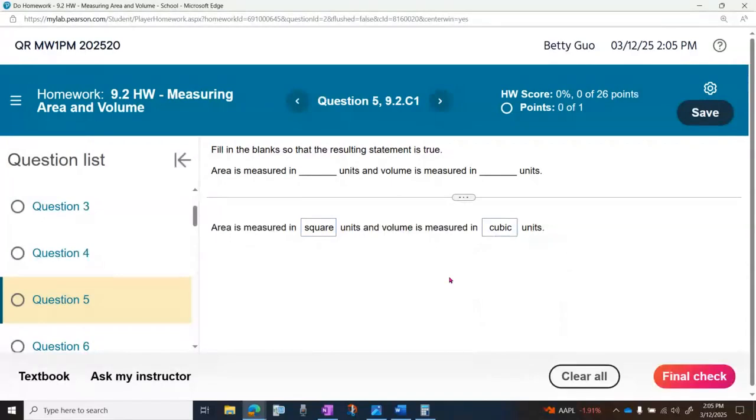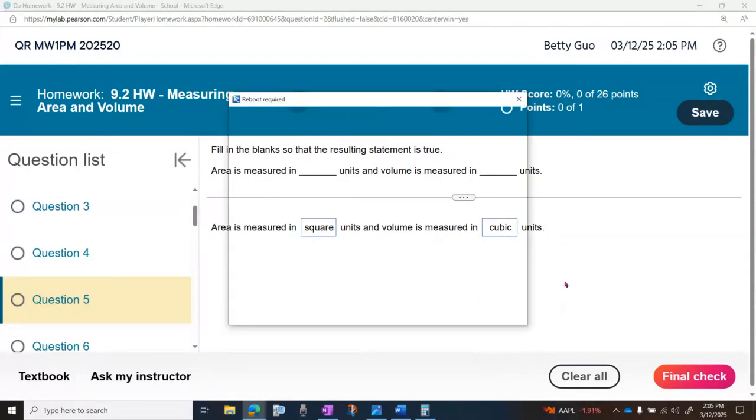Yes, square feet. That gives you the area of the house, the area of the floor. And the volume, like the water tank, right? What's the volume of the water tank or the can?